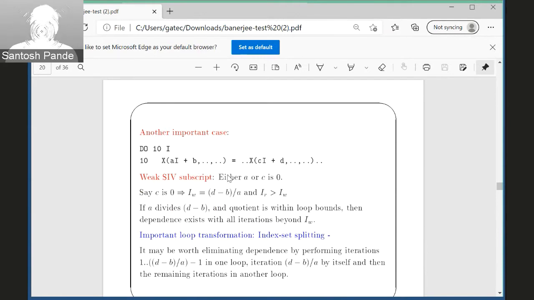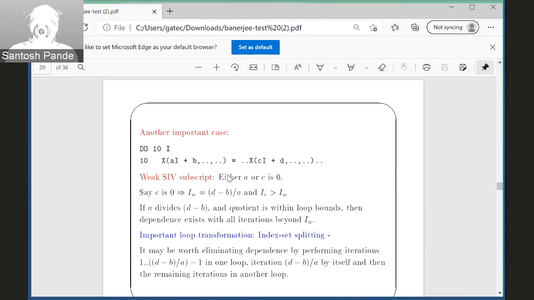So the next condition is that many times we do have this equation like this, but one of the two, A or C, is equal to 0. That is, the subscript I is just not present in the other dimension. The coefficient of that I is 0.